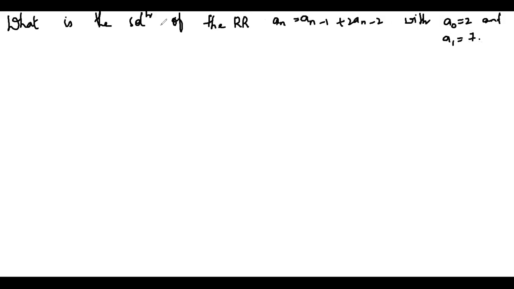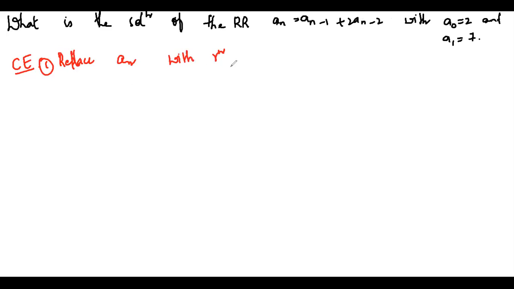So first and foremost, we have to convert this recurrence relation into what kind of equation? We have to convert it into a characteristic equation. So to convert it, replace an with r power n, and subsequently an minus 1 with r power n minus 1 and an minus 2 with r power n minus 2.